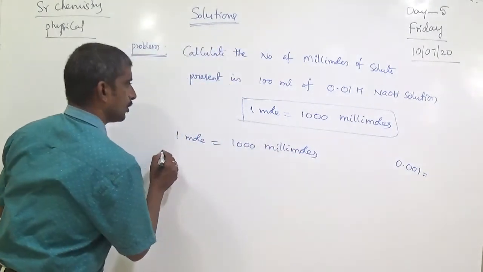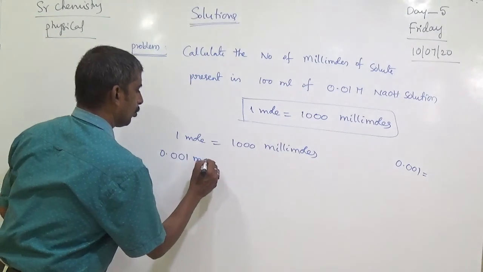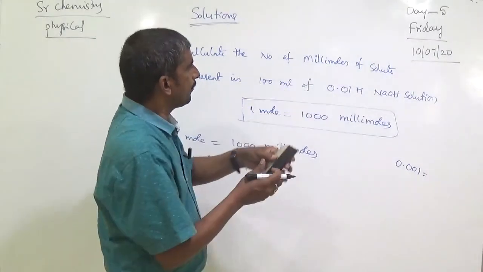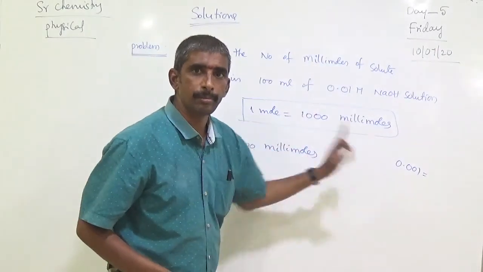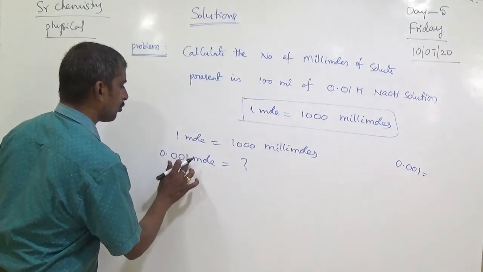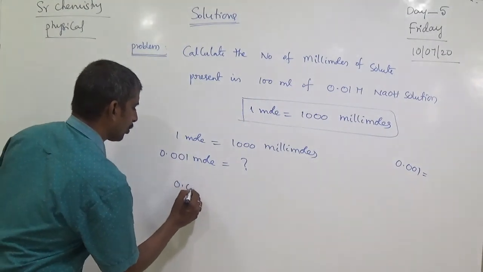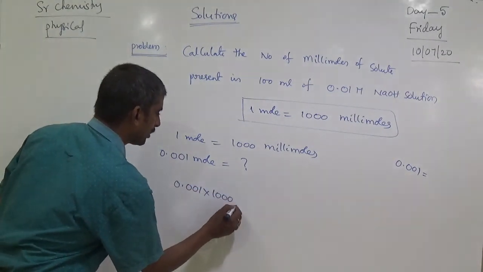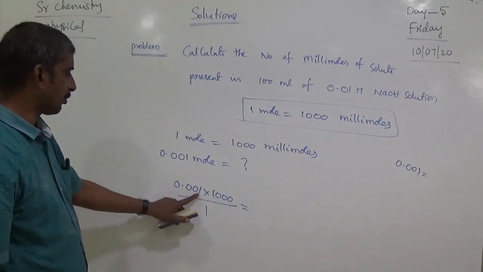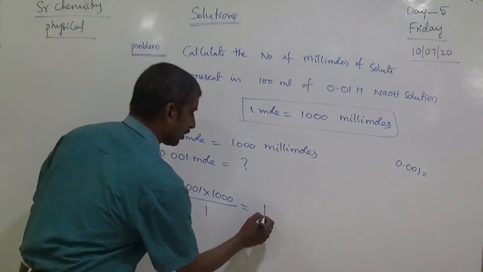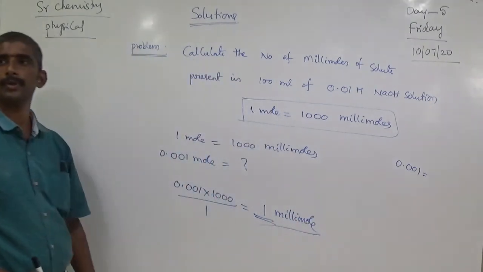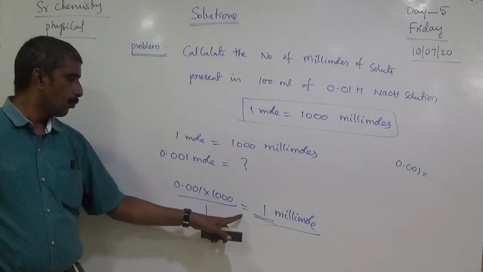Here 0.001 mole means how much? That means 0.001 into 1000 by 1, which is 10 to the power minus 3 into 10 to the power 3. That means 1. So the answer is 1 millimole.